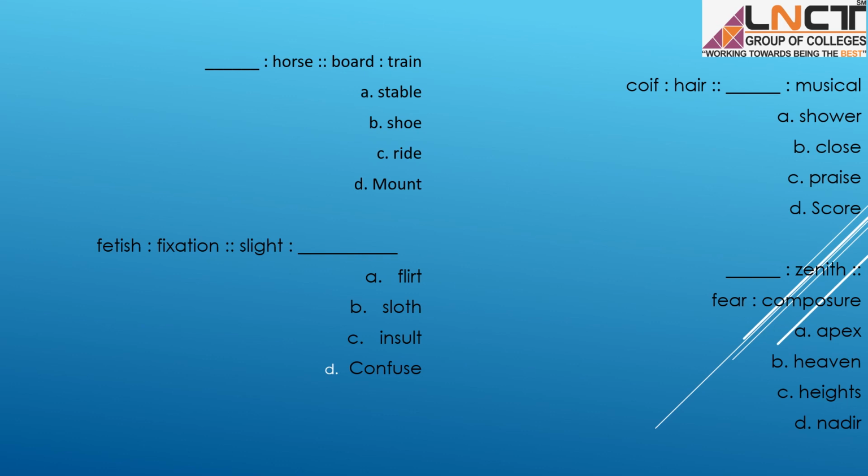The word zenith means apex or the topmost point, but the word nadir means the ebb or the lowest point. And that's why the relationship exhibited by fear and composure, that is the opposite words, is exhibited by nadir and zenith.